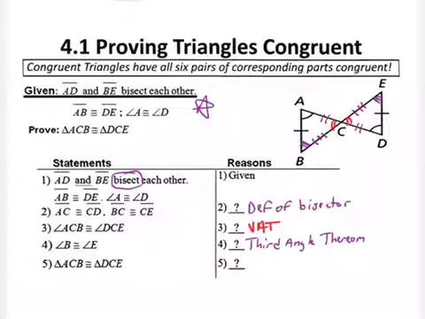And then last but not least, they tell you that triangle ACB is congruent to triangle DCE. Well, we've proven all 6 pairs of corresponding parts are congruent, so our reasoning here is just definition of congruent triangles.